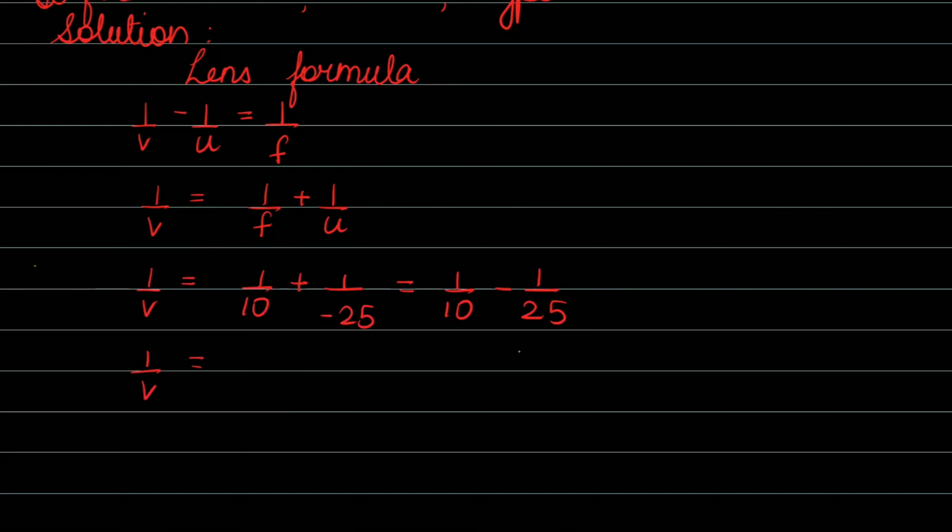Solving this, 1 upon 10 minus 1 upon 25, we get the value around 3 divided by 50.